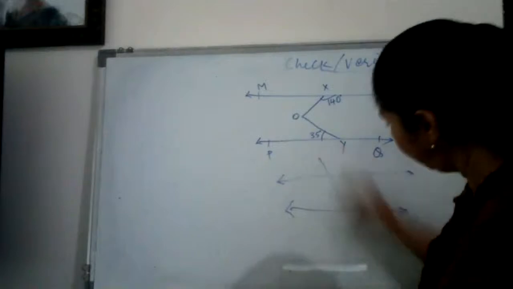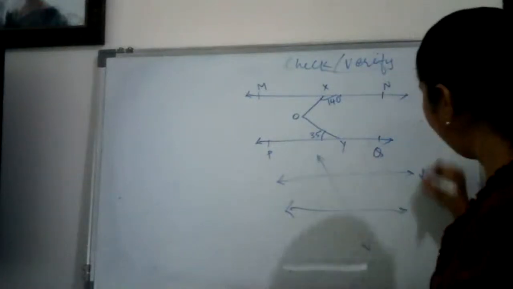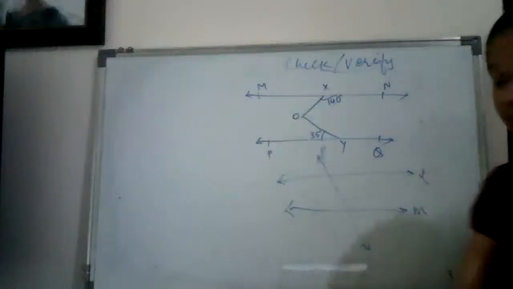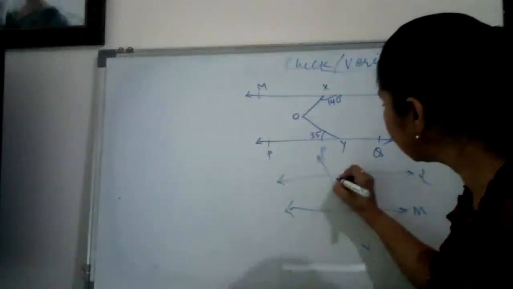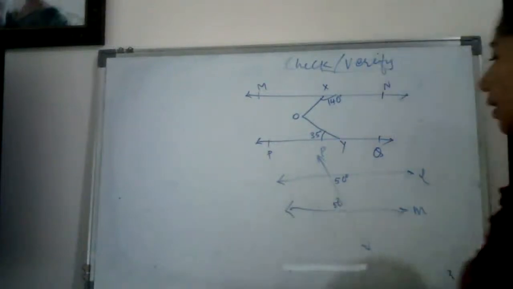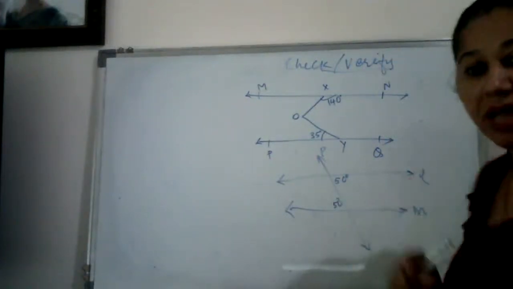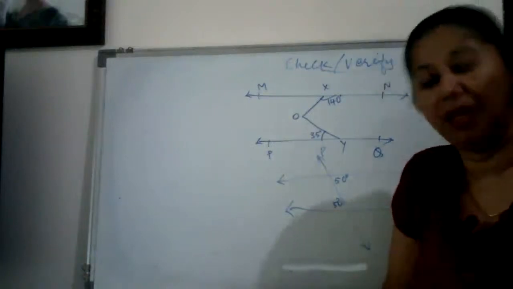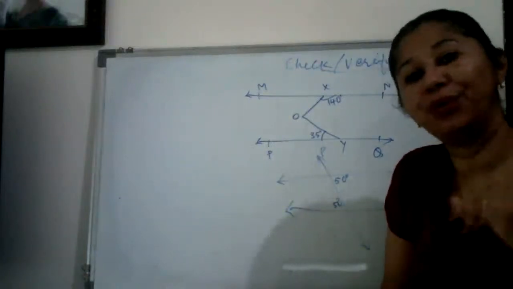जैसे कि यहाँ आपको same way, this is L, this is M, and P is a transversal. Okay, lines है, सिर्फ lines है. When you are given, say here this is 50 degree, okay, and this is also 50 degree, and they ask you check whether the lines are parallel or show that the lines are parallel. तो सेम कॉन्सेप्ट आपको यूज करना है.